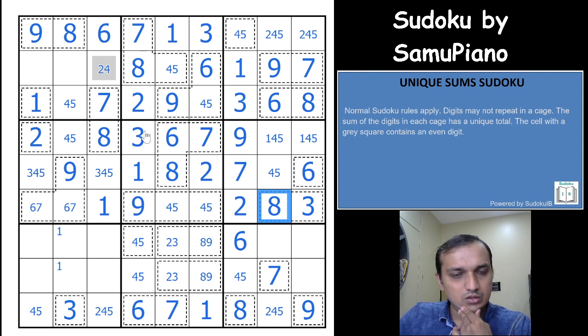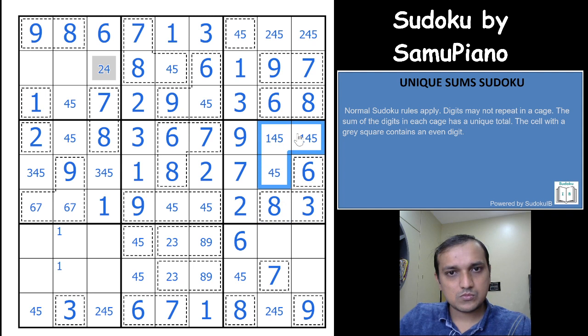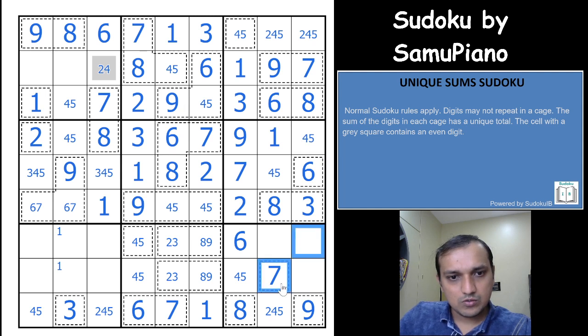Come on. Oh, you have a 2, 4, 5 triplet here, so this has to be 1. 1 is in one of these two cells. This has to be a 3 now, right?